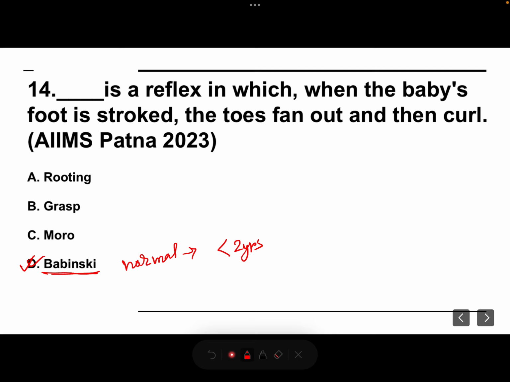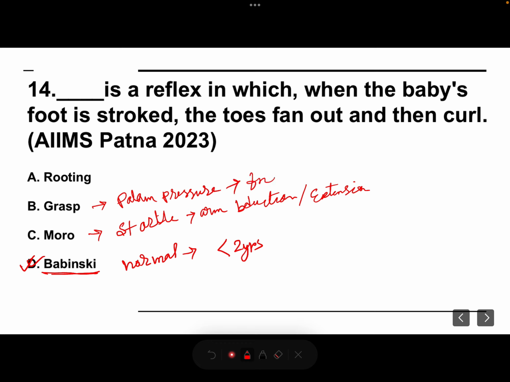Moro reflex is a startle. Arm abduction, extension. Grasp is palm pressure, then finger flexion.